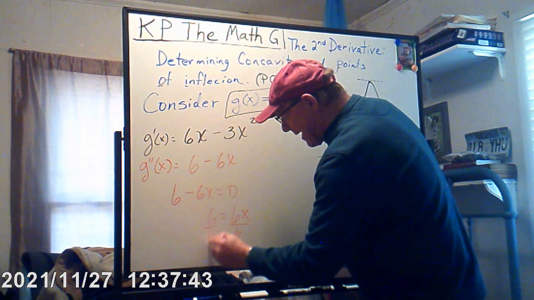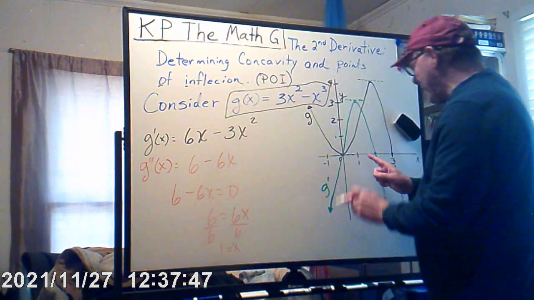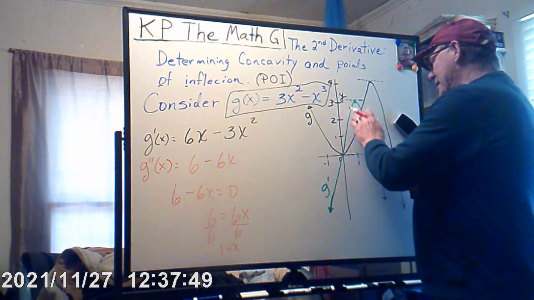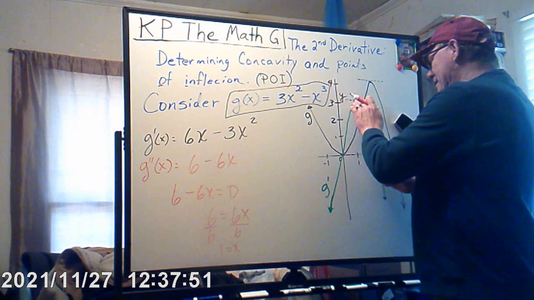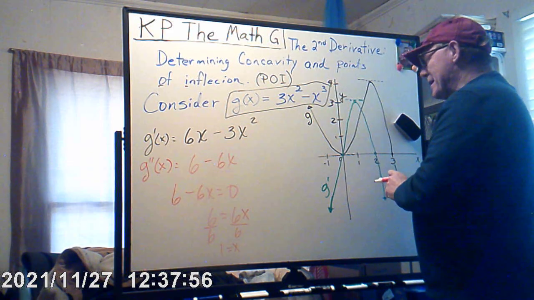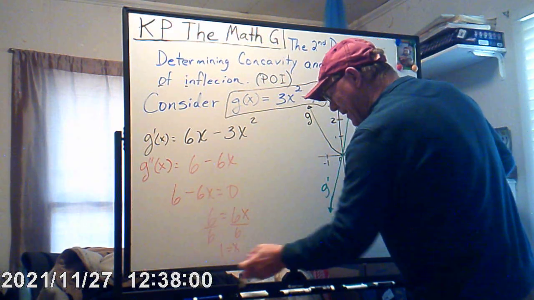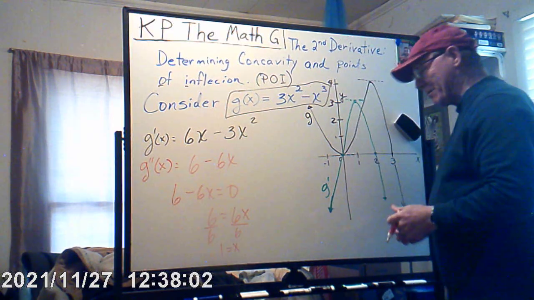Obviously here x equals 1. And we can see at 1 that there is a high point on G prime, which means that there is a point of inflection here, and that's what we're looking at.